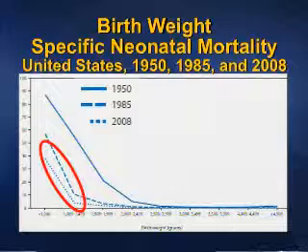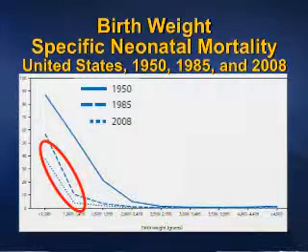In 1950, you had a 10% chance of survival if you were less than 1,000 grams. Now you have a 60% chance of survival, okay? But still, you have a 40% chance of not surviving, so that is a large portion of our infant mortality that we want to focus on as part of this perinatal regionalization. And that's the area of interest right there.